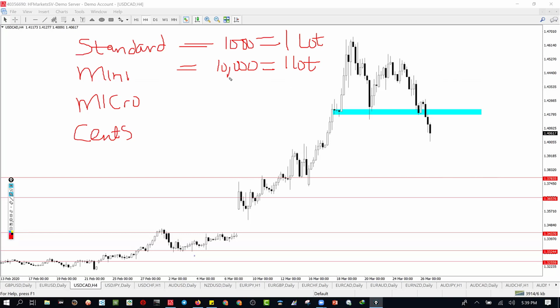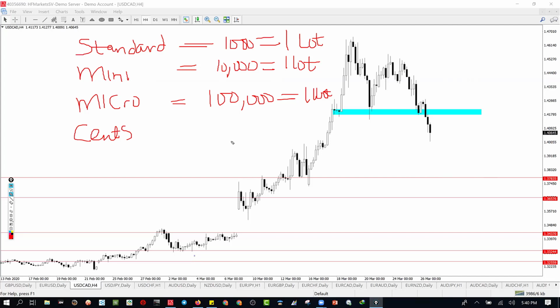So it means $10,000 on the mini account is one lot. While on the micro account, it means $1,000 equals one lot. On the standard account, $100,000 equals one lot.